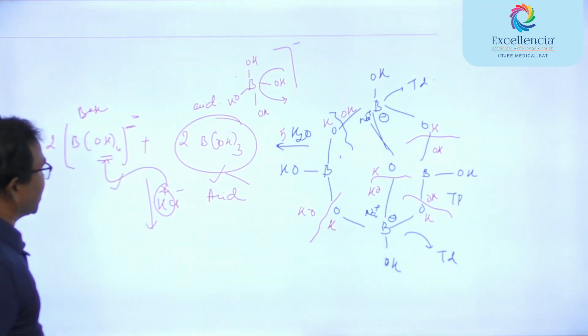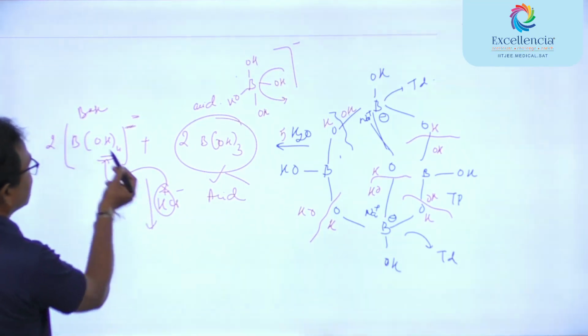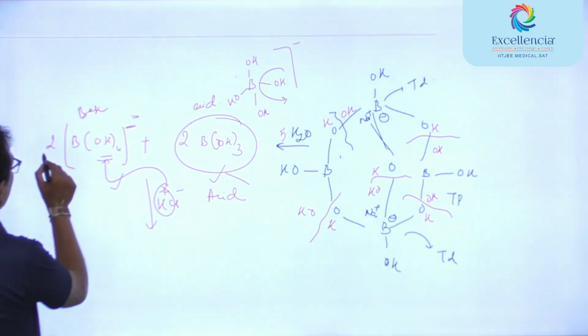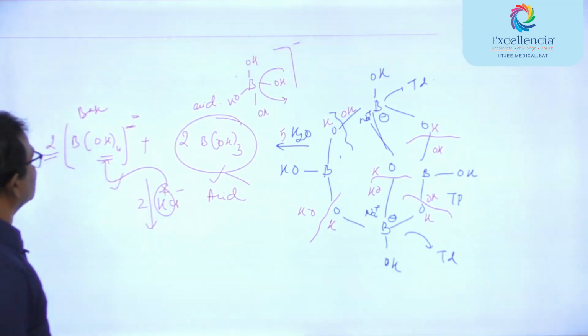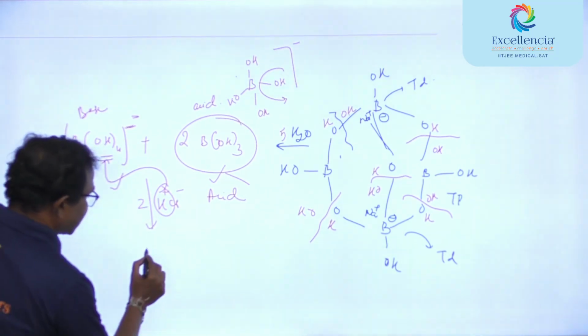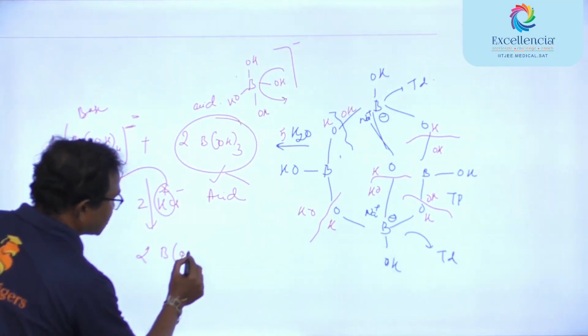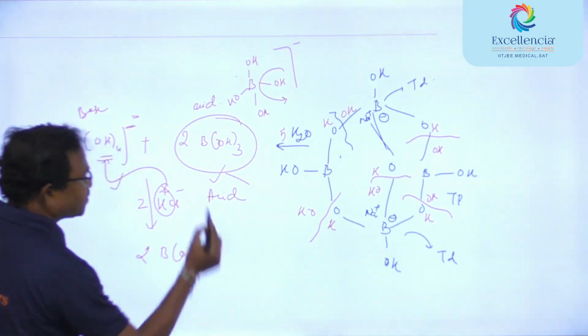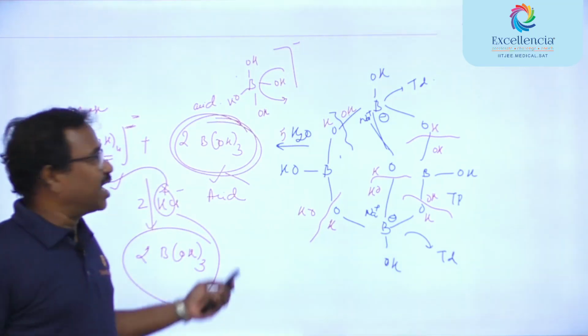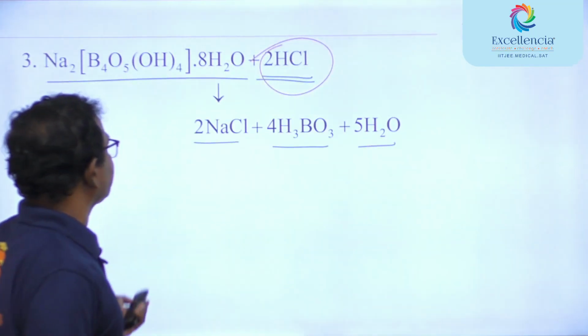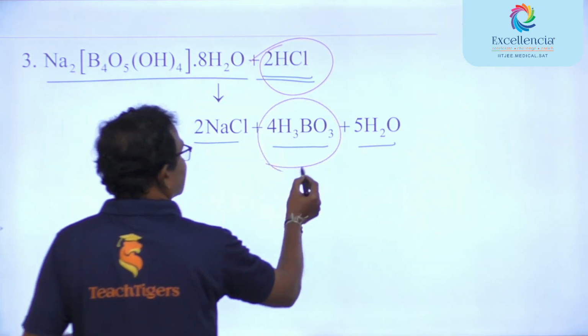Therefore, you have a base. So this H plus will abstract. I have 2 moles of B(OH)4 minus. Therefore, 2 H plus will abstract, 1 each, resulting in 2 boric acids. Therefore, 2 boric acids here, 2 boric acids here. Ultimately, all you're getting is 4 boric acids.